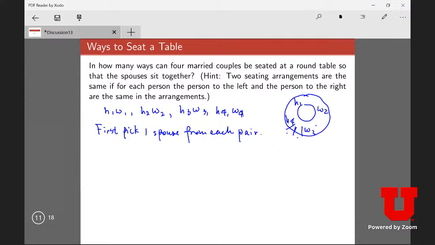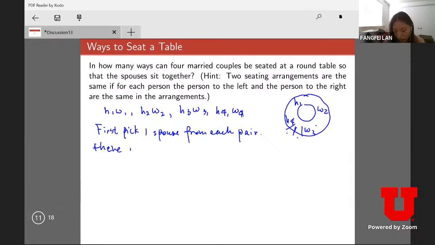So I guess the number of ways to pick 1 from each pair is 2 to the 4. Exactly. So there are 2 to the 4. So this is the same thing as having 4 spaces, and then each has 2 choices, right? So either you choose the husband or the wife, right? So there are always 2 choices for each of these 4 spots. So there are 2 to the 4th number of ways to pick the first 4.